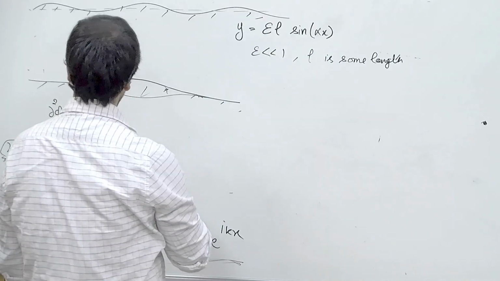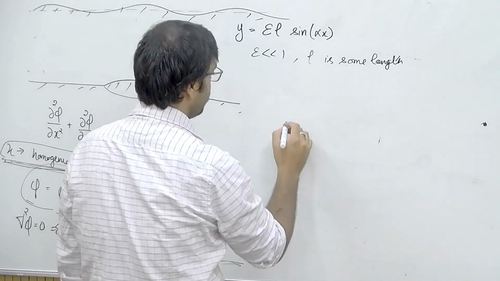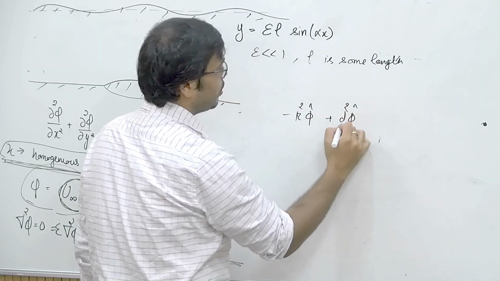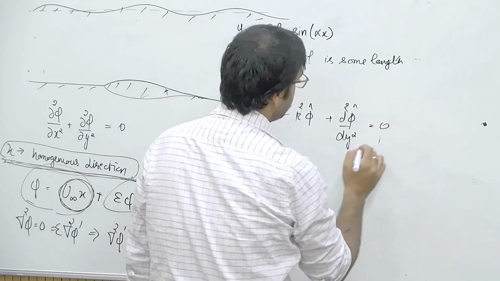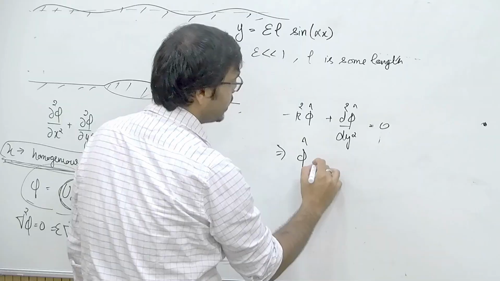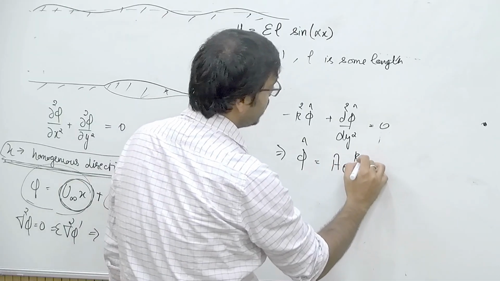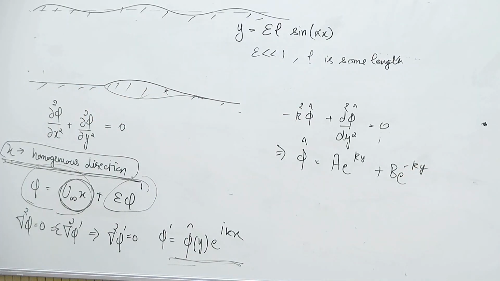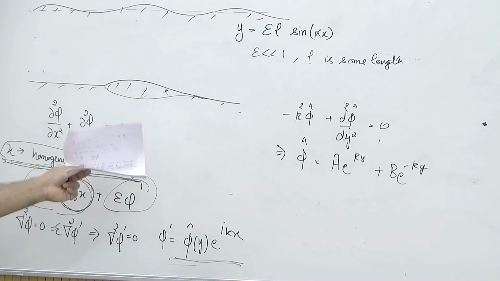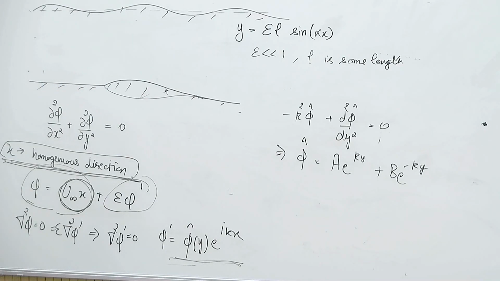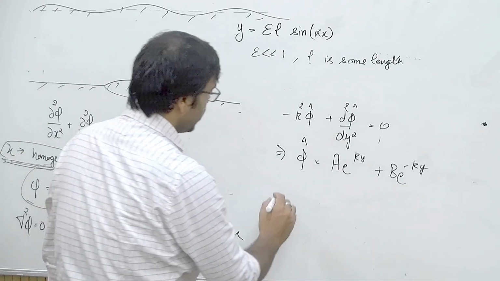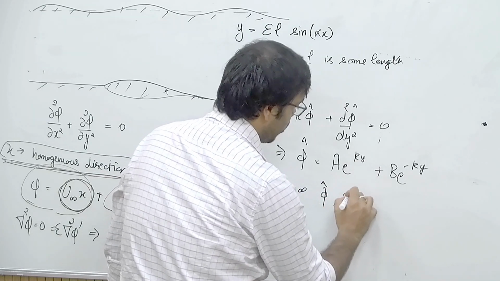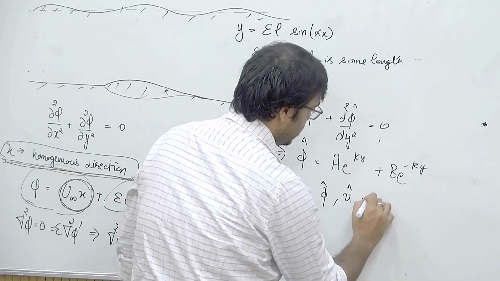Breaking it down and substituting in the governing equation, we get minus k square phi hat plus d2 phi hat over dy square equals 0. So that means phi hat is some a e to the power ky plus b e to the power minus ky. Now obviously we want phi hat to be finite as y tends to infinity, and the velocities etc. should be finite.